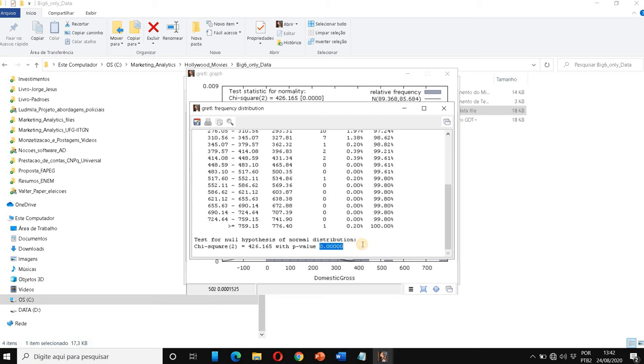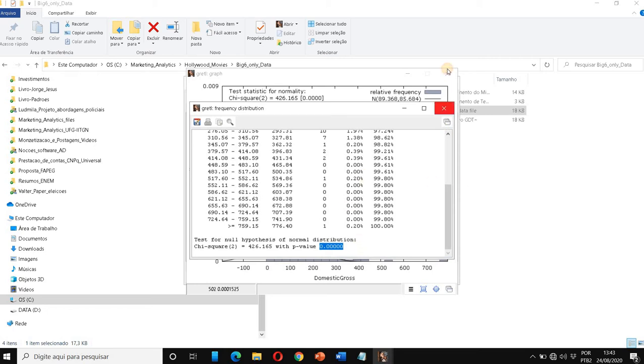I am rejecting the null hypothesis, so this is clearly a non-normal, non-symmetric distribution. What is the implication for that? Well, in a symmetric distribution, mean and median values converge to the center of the distribution, but in this case, it is not. So we are working with mean and median values because they are different. And I want to understand and generate insights about these central values of these variables.